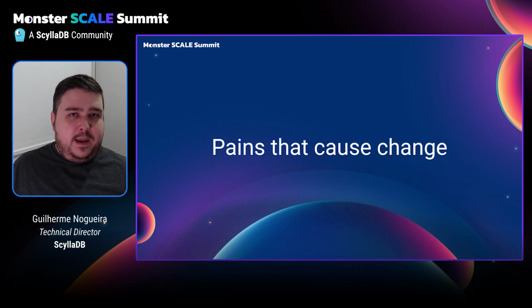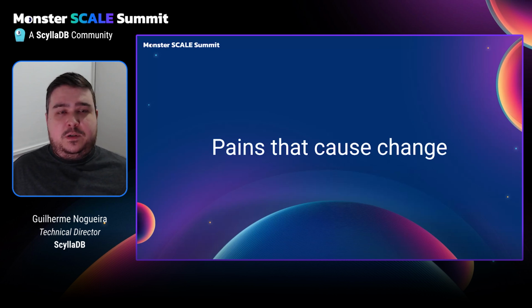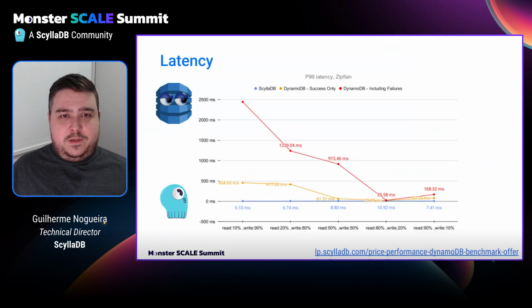So going back to the pains that cause customers to look into changing their database, as I mentioned, latency is a very large reason that the customer is looking to alternatives, especially when their use case is not necessarily very well distributed. In this case, we have a Zipfian distribution benchmark that we ran where the red line accounts for operations including failure, so retries until an operation succeeds.